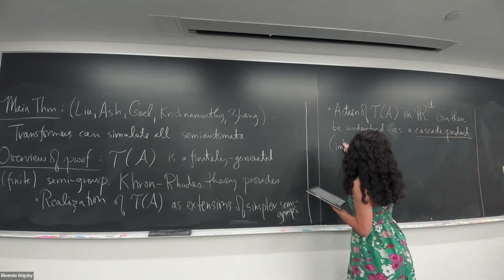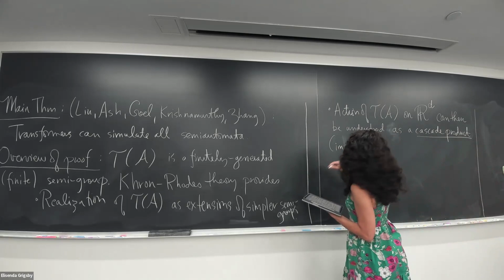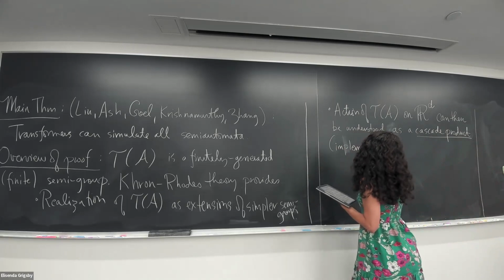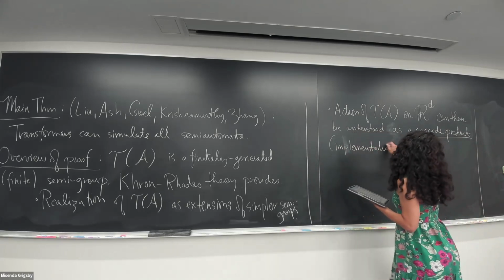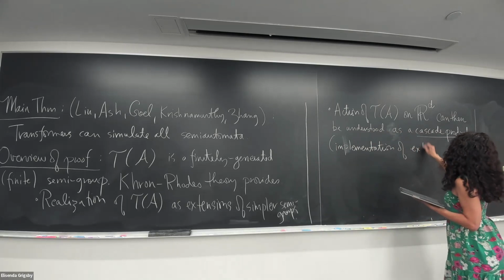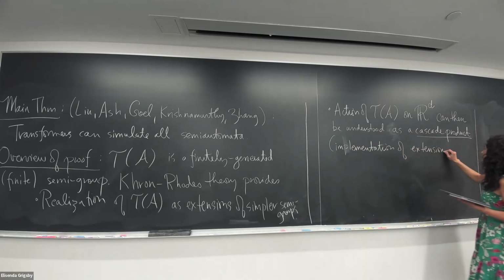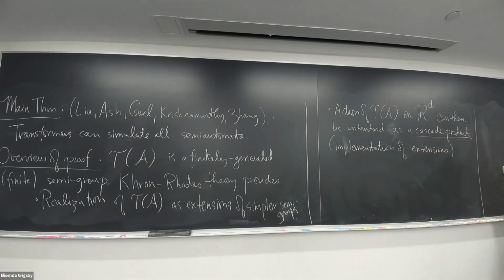Is some sort of implementation of these extensions. So this is all very informal. I haven't understood it all yet myself, but I think this is the basic idea of the structure.